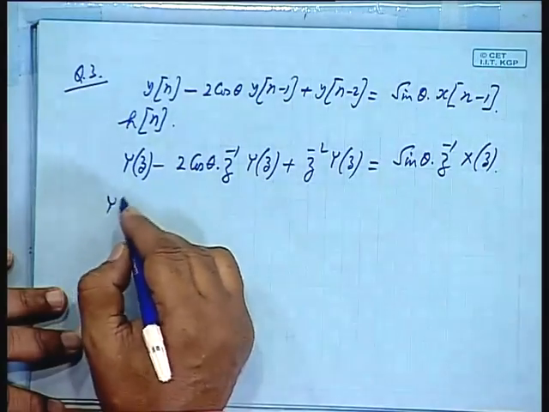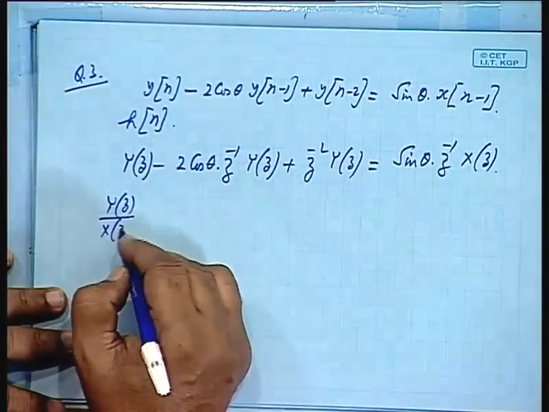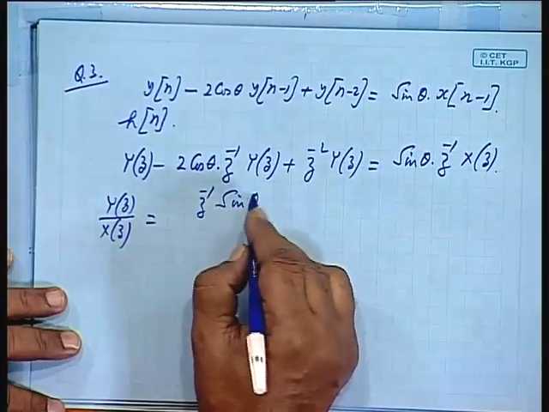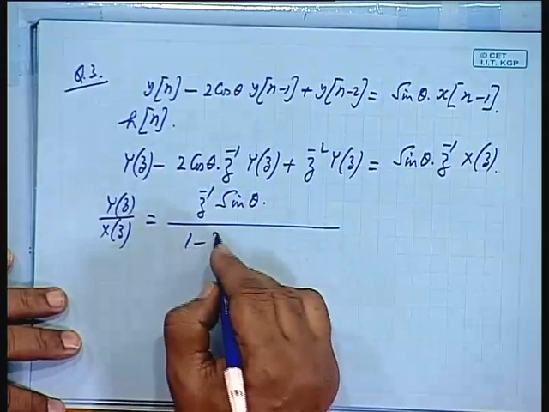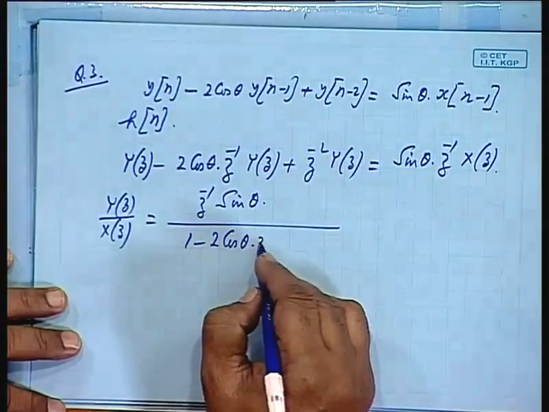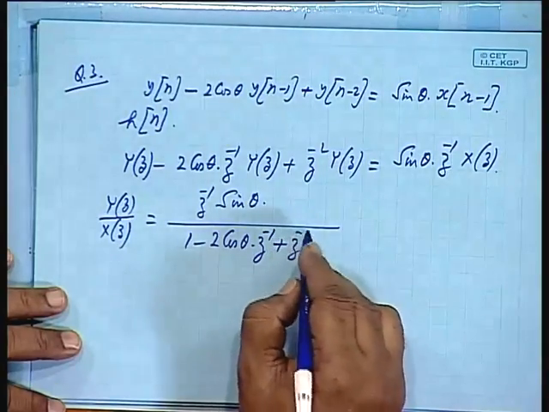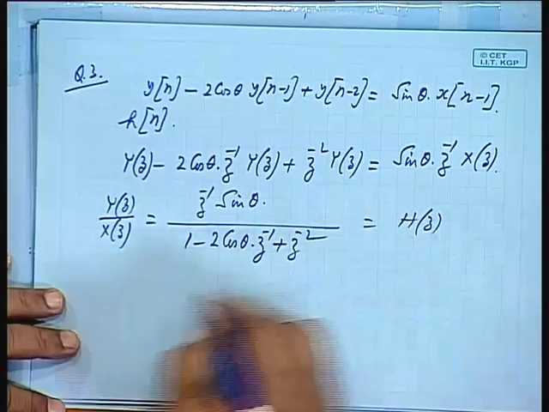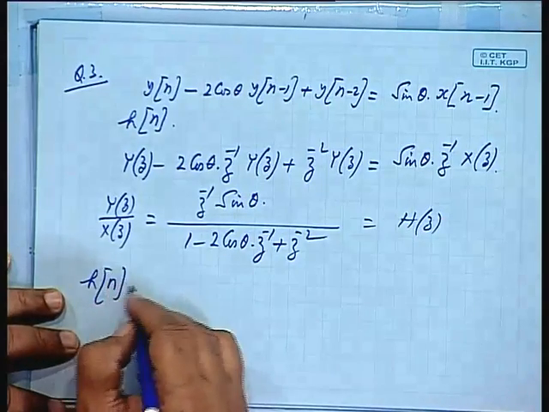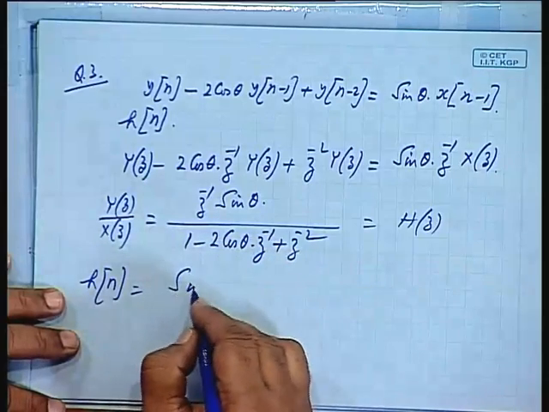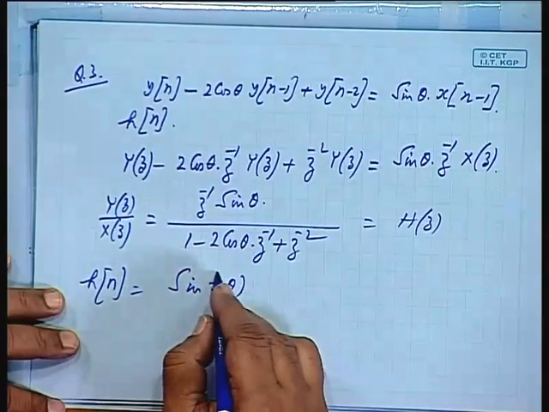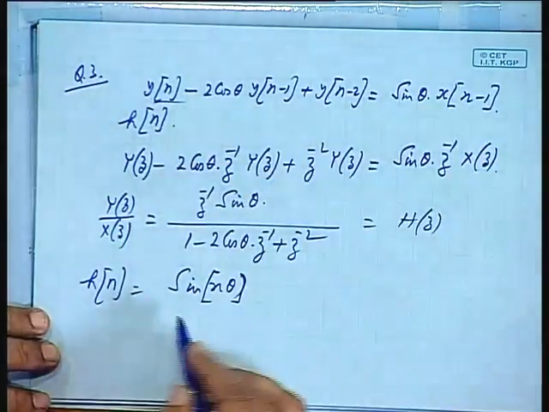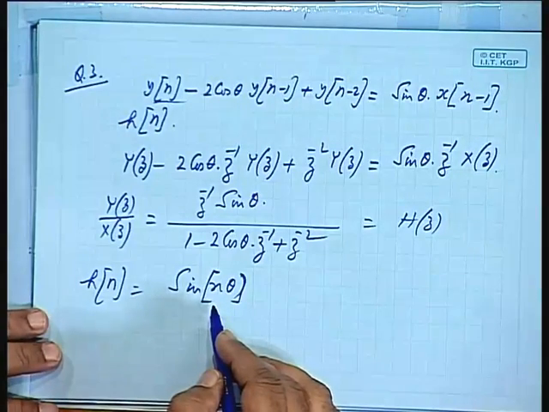So, y by x will be z inverse sin theta divided by 1 minus twice cos theta z inverse plus z to the power minus 2. Therefore, this is h z. So, what would be h n? Inverse of this is our familiar expression sin n theta. Okay. So, this is the difference equation for sin n theta.